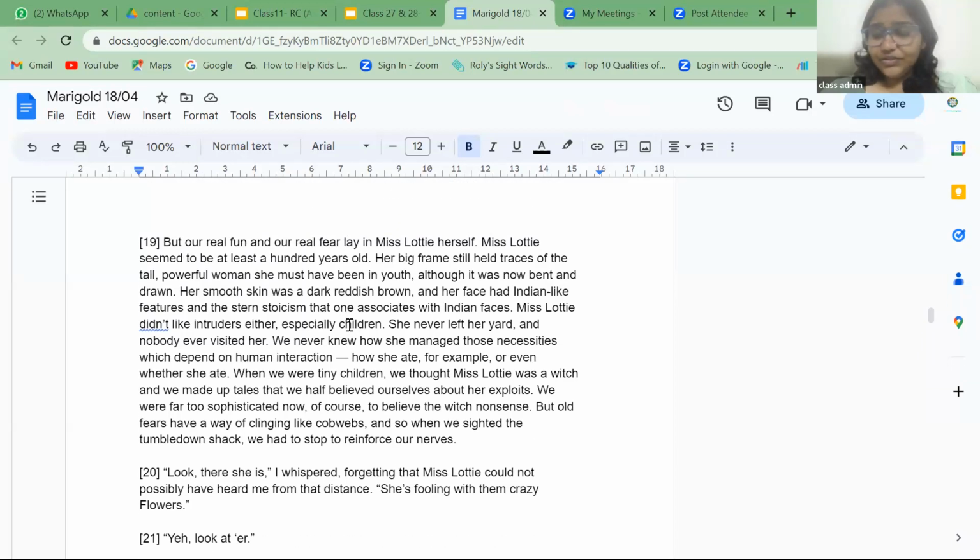Did you guys understand the context that's given? What is actually happening? Why is there a lot of reference given to the marigold and to their lives? You should be able to relate. You know how beautiful a marigold flower can look, and in contrast with the beauty of the marigold, their lives are not very pleasant.